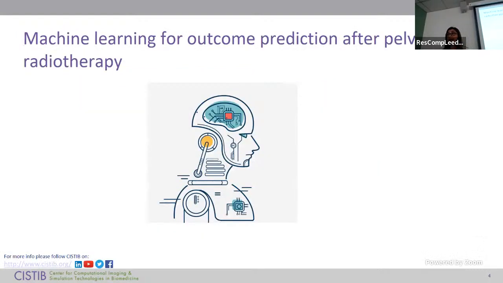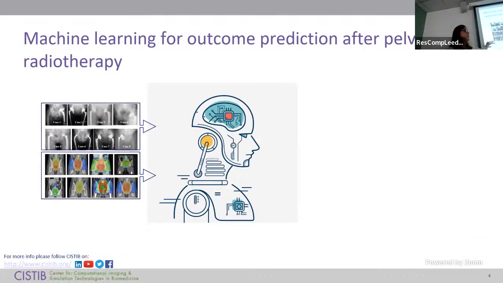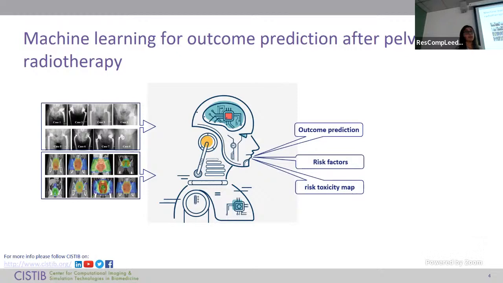So in our research, we aim to create a machine learning system which is able to analyze patient data, and then tell us if a patient is going to get toxicity, what the risk factors are for the patient to get this toxicity or side effects of the treatment, and which organs in the bowel bag are involved.